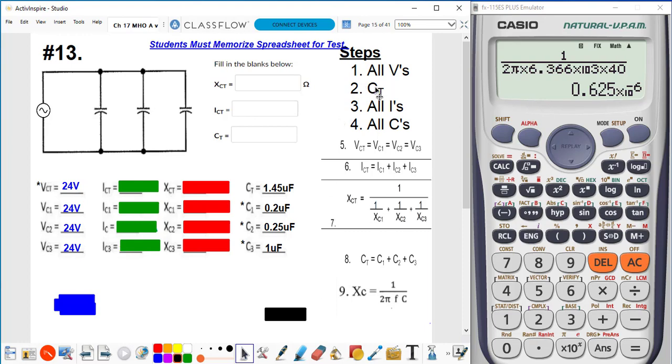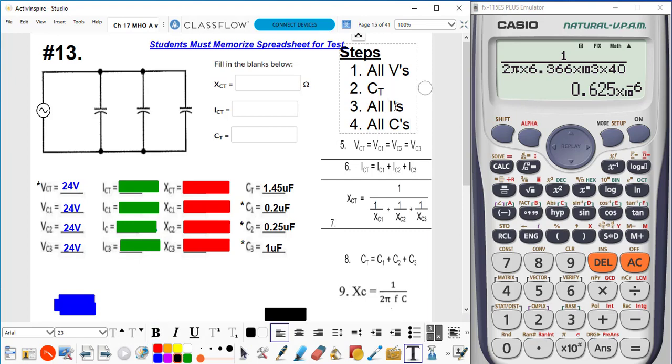Now that I have my CT, I can find all of my XC values. So again, this is wrong. Let's do this. After I find all of my X's, then I'm going to find all of my I's. Alright. So now that I've found all of my capacitance, I'm going to find all of my capacitive reactance values.